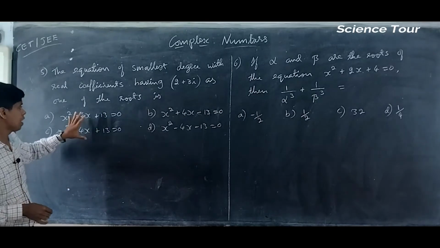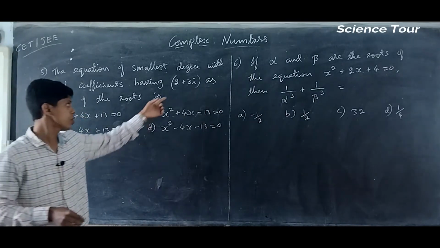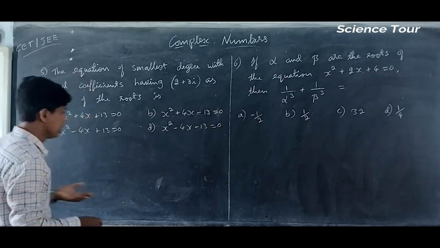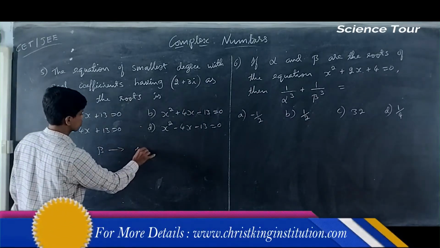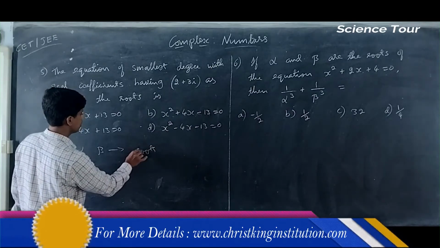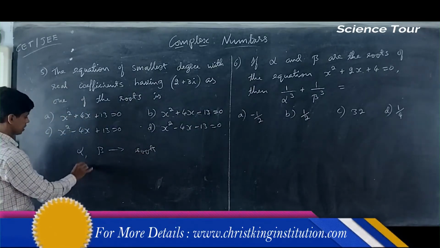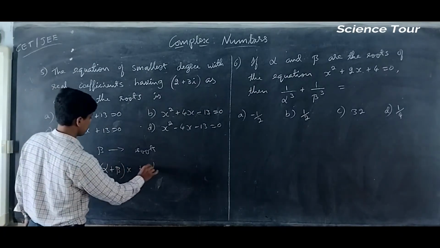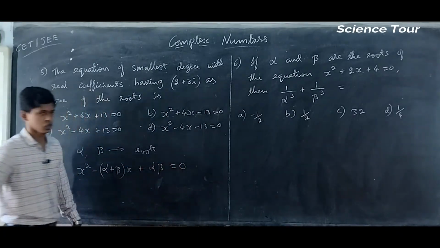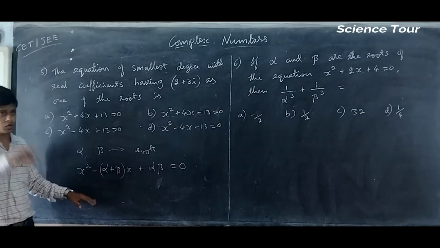Okay, so you have to find the quadratic equation when the root is given, right? So if alpha and beta are the roots, then what is the quadratic equation? It is x square minus (alpha plus beta) x plus alpha beta is equal to 0. So this is the quadratic equation we have to find.